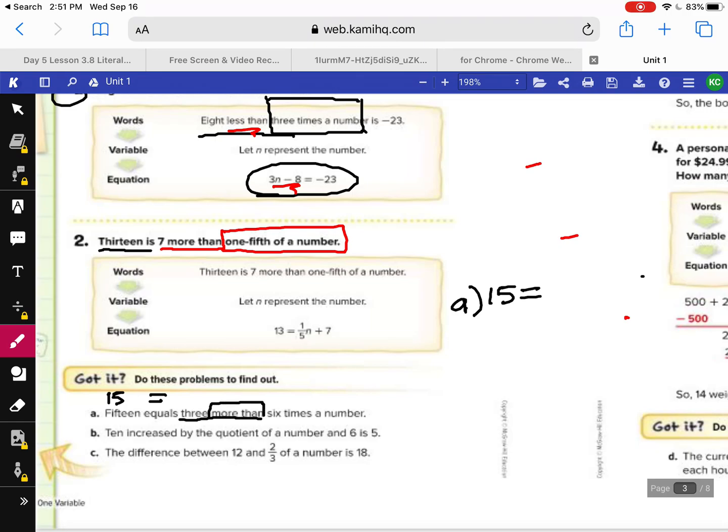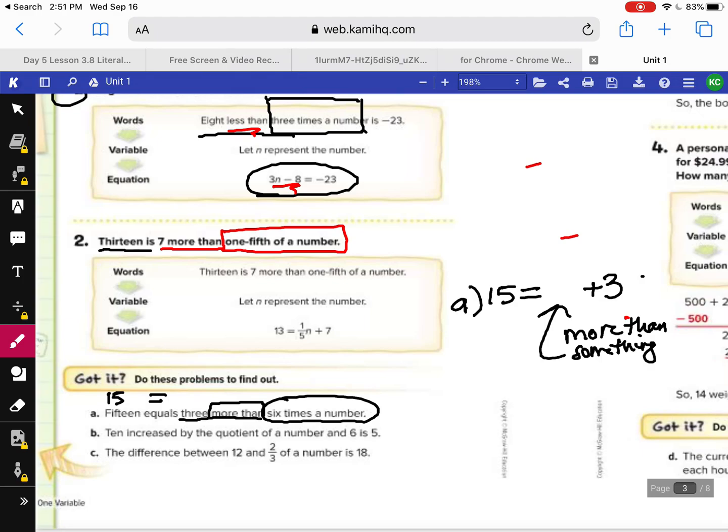So that more than tells me that the 3 is going to come as the second term. 3 more than. It is more than something. Well, that something had to be the initial piece of this conversation. It's 3 more than 6 times a number.